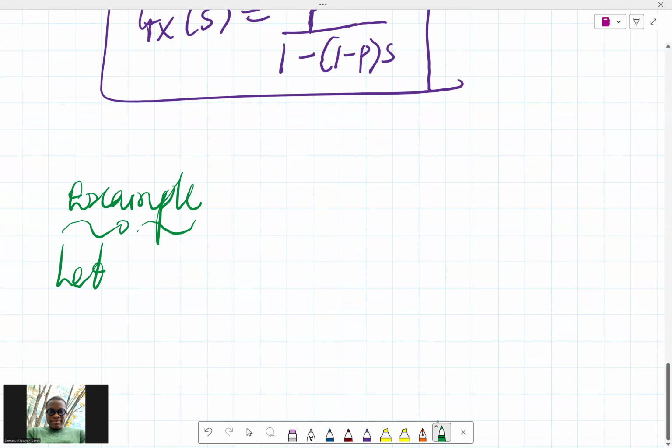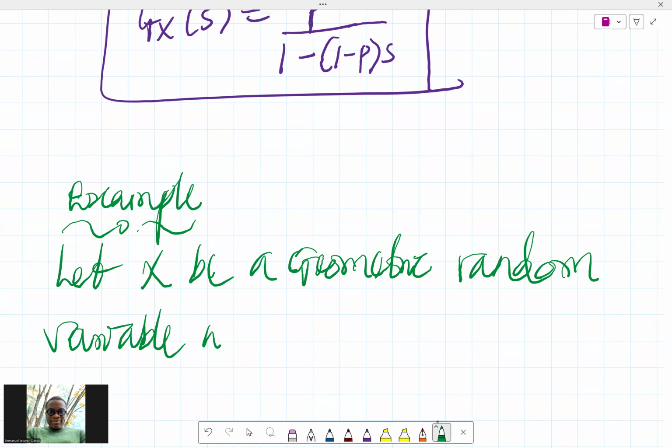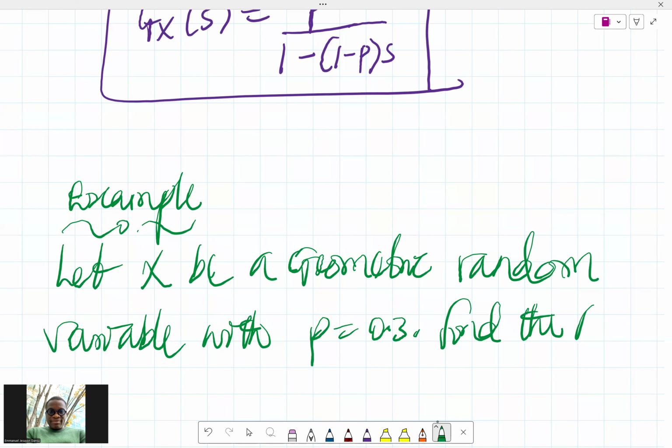So let x be a geometric random variable with p equals 0.3. Find the probability generating function of x.